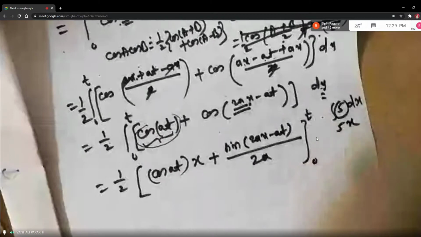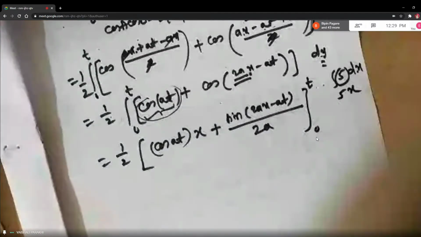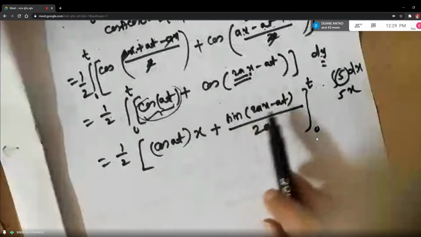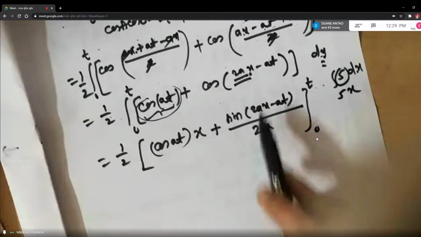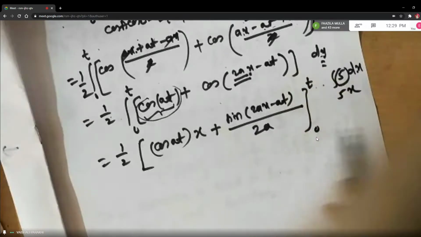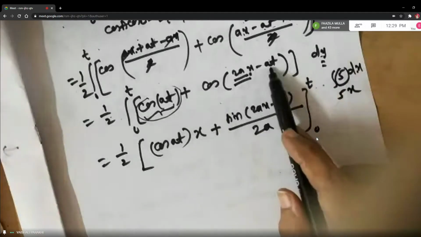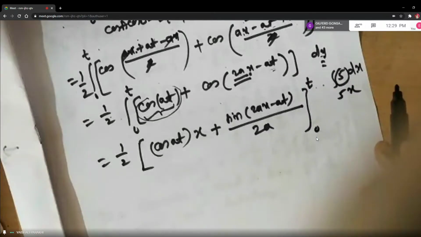And the limits of the integral. Any doubt? The integral of cos is sine of the whole thing divided by the coefficient of the variable. Because the variable is x, you need not worry about this 80. Okay.